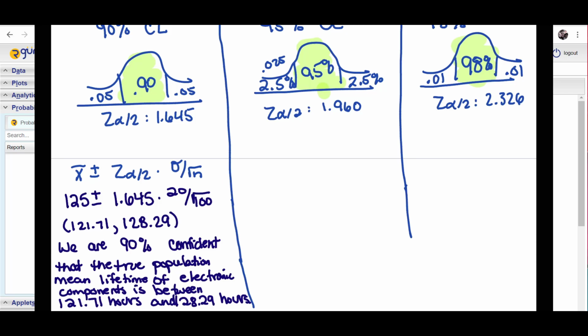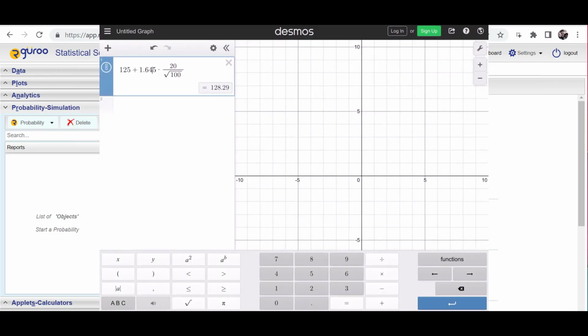All right, so the next one, we still have our x bar plus or minus z alpha over 2 times sigma over square root n. The problem is going to look really similar, except we're changing our critical value to 1.960. So I'm just going to do that.